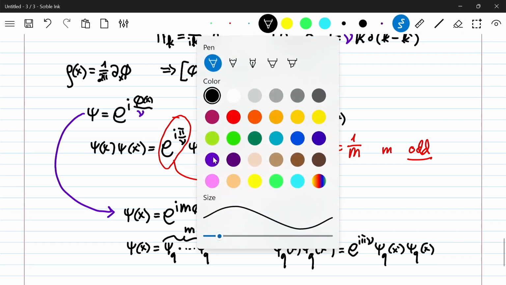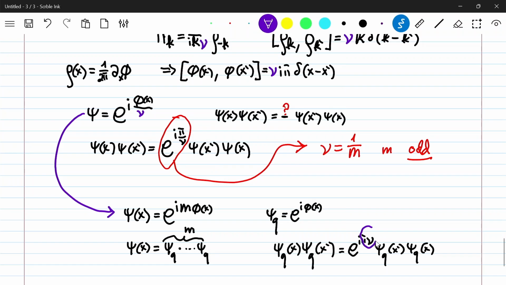And this phase is a fractional phase, so they have fractional statistics. For the 1/3, it's going to be pi over 3. And this is an anyon, okay?